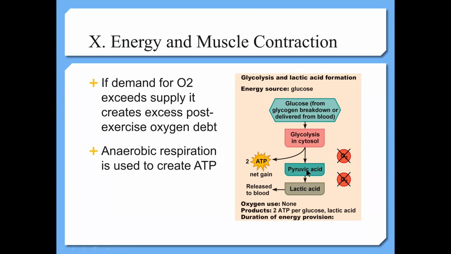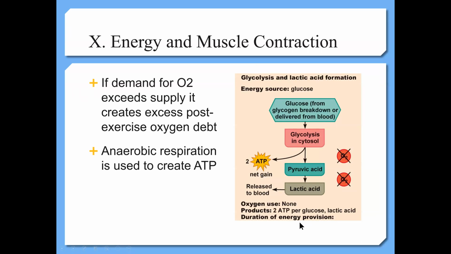So that pyruvic acid, which has the big potential for forming a total net of 32 ATP, is not going to be able to go into the mitochondria because we are in the oxygen deficit. It is then going to go to lactic acid, and we're only going to get a net 2 ATP out. So instead of getting 32, we only get 2 out.